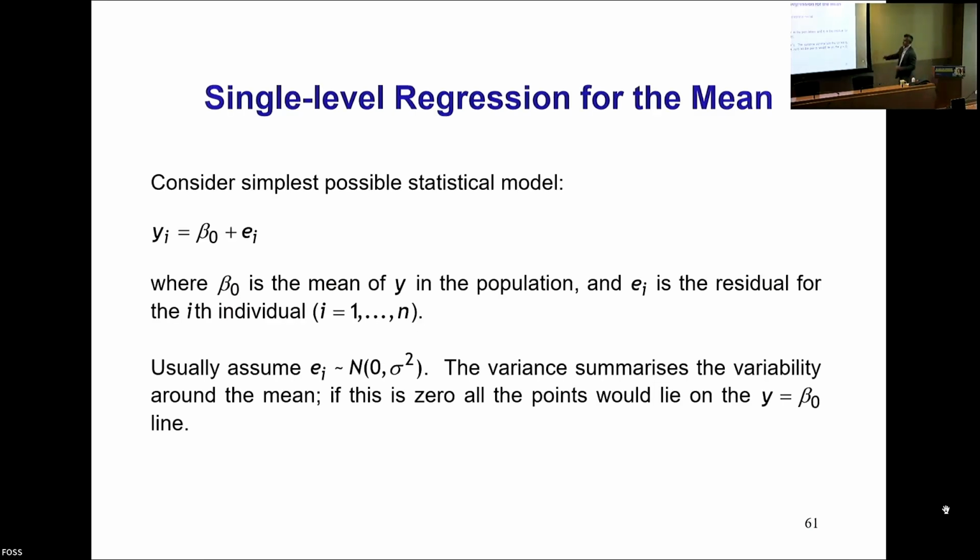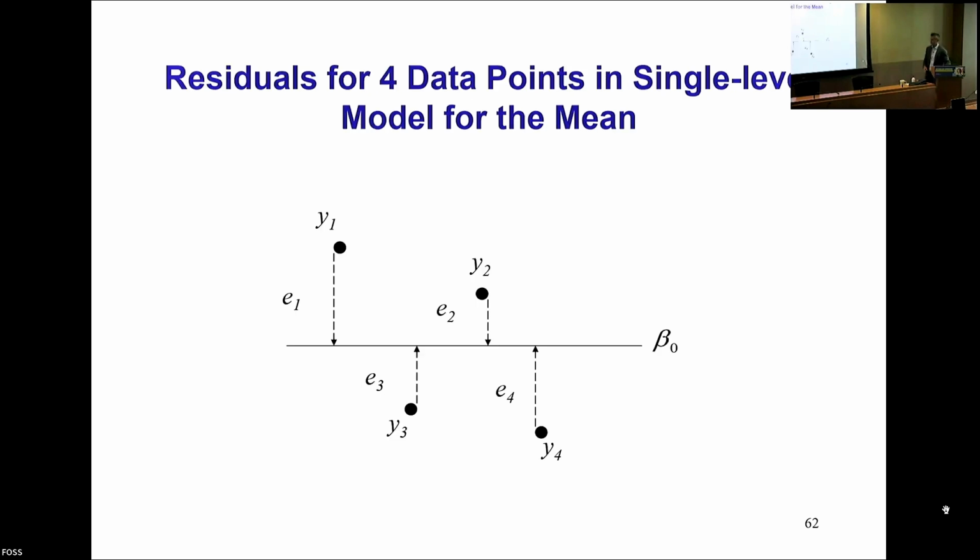Just a reminder, the simplest possible linear regression model is y_i equals beta naught plus some error term, with no explanatory variable. So beta naught is just the mean of y, and e_i is the residual for y for the ith individual, and we assume that these residuals are normally distributed with a mean of 0 and constant variance.